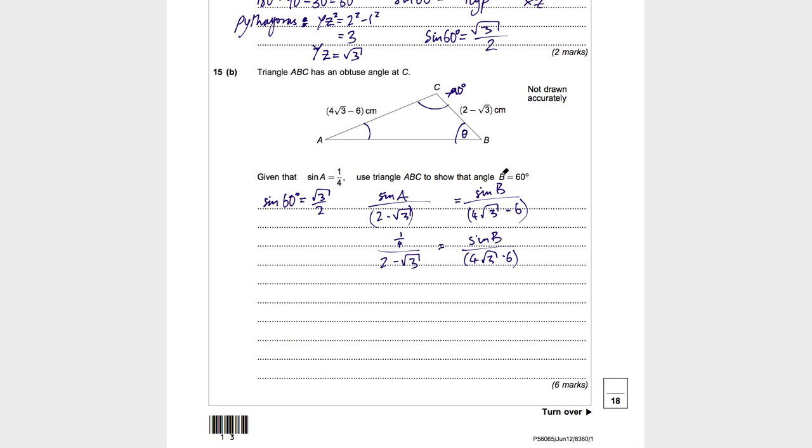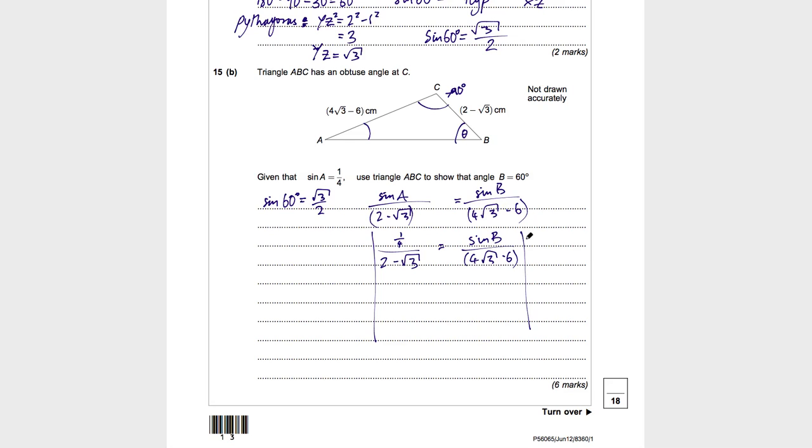If we get sine B equaling that, then we know that B itself is 60 degrees. So that's what I'm hoping for when I multiply these out, but I'm not sure if it's going to happen.